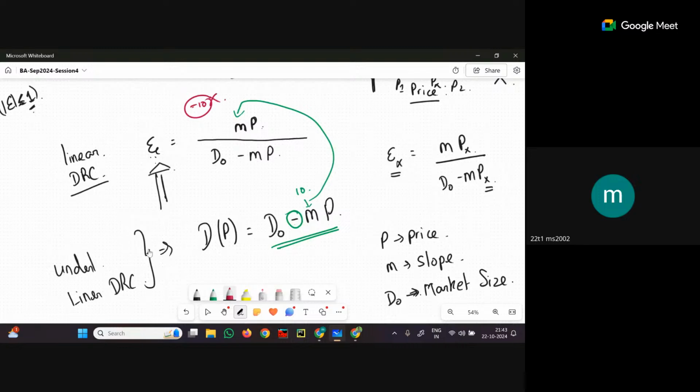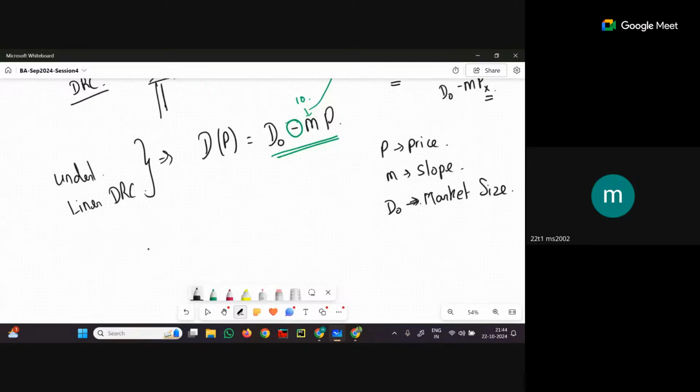This is wrong. You will substitute it as 10. Fine? Because this entire formula is derived with the minus sign in the equation. Okay? All of you clear? Yes, sir.